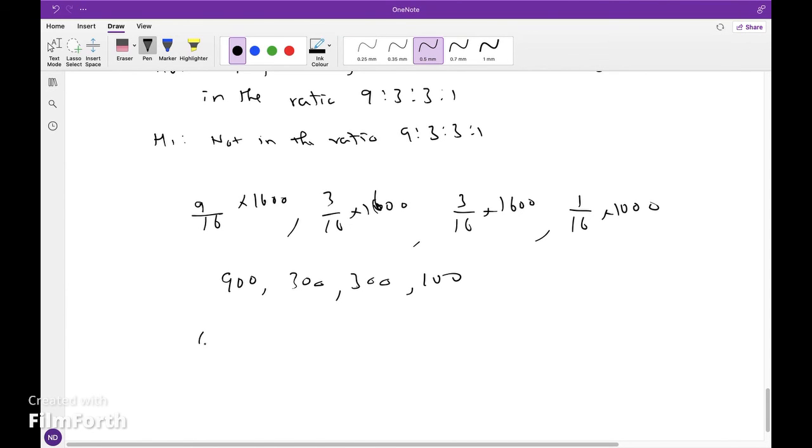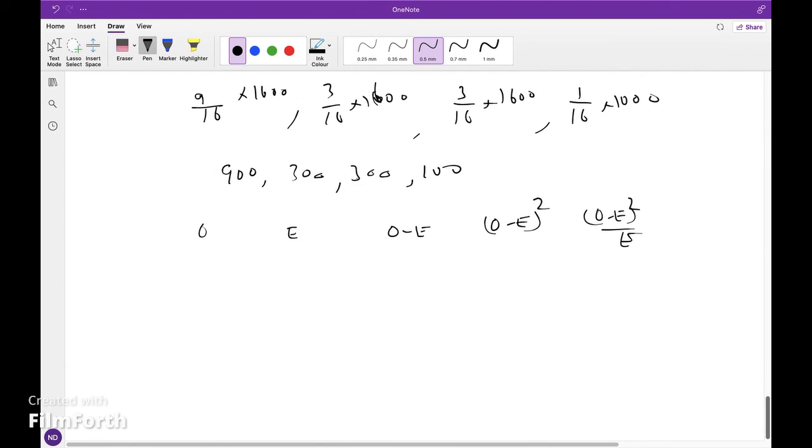So the table: O, E, O minus E, O minus E the whole squared, O minus E the whole squared by E. Observed frequency 882, 313, 287 and 118. Expected frequency 900, 300, 300 and 100.